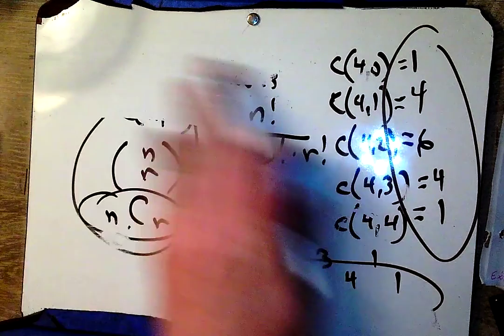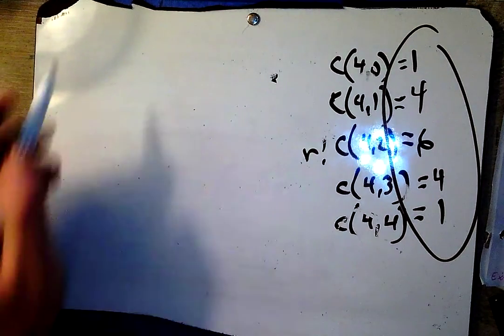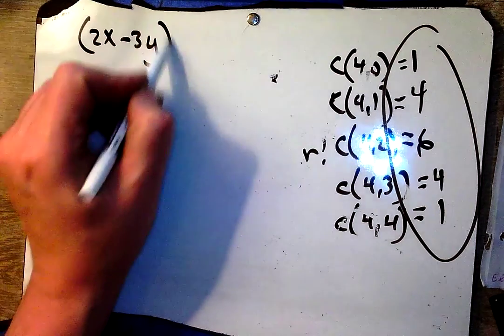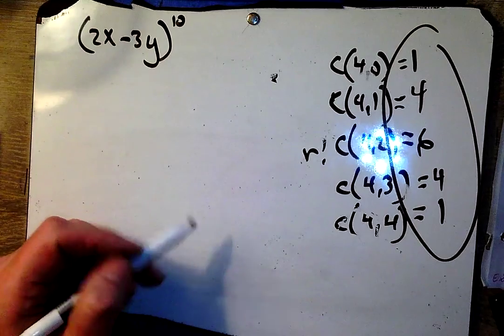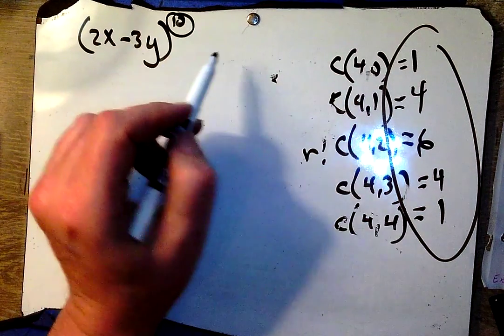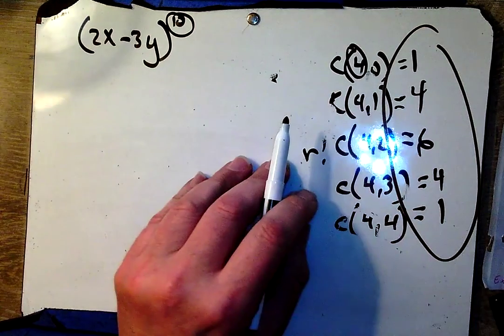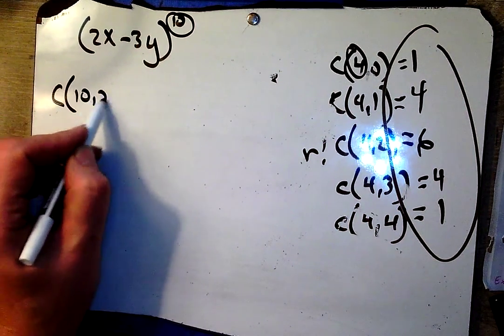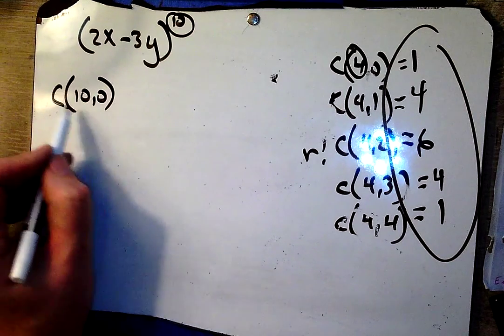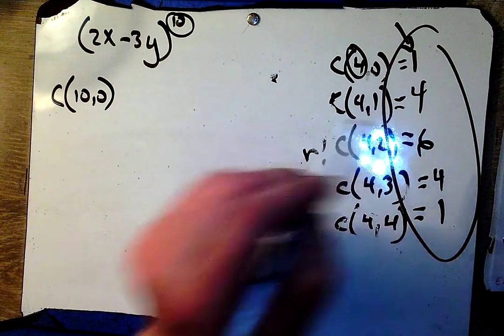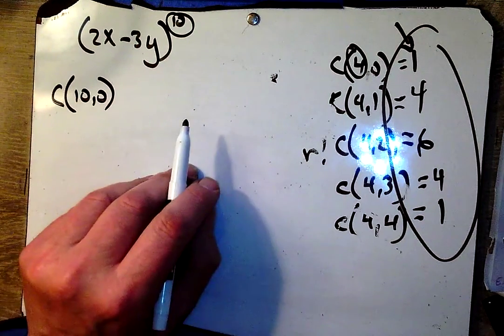So now when I see something like this, when I see 2x minus 3y to the 10th, I'm going to use combinations. 10. In the last problem, we had 4. So I'm going to have a combination of 10 choose 0. Combination of 10 choose 0 is going to get the first term on the 10th row of Pascal's triangle.